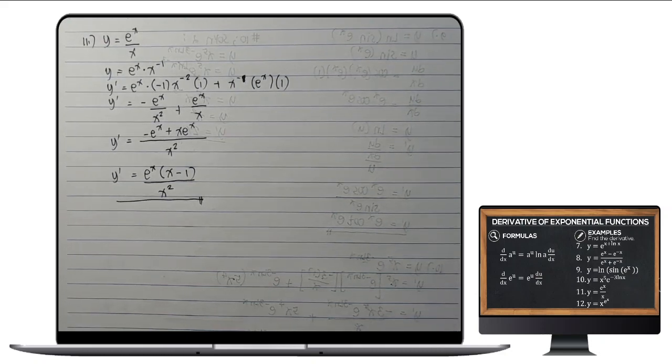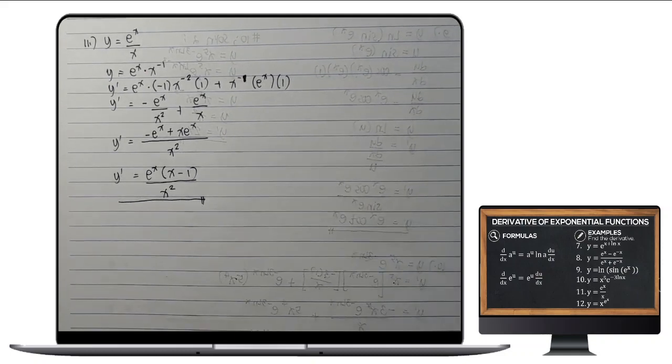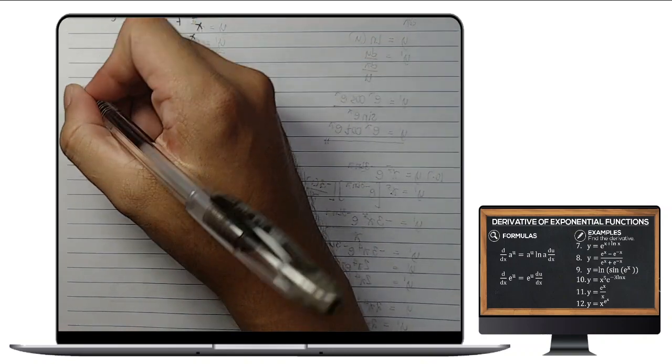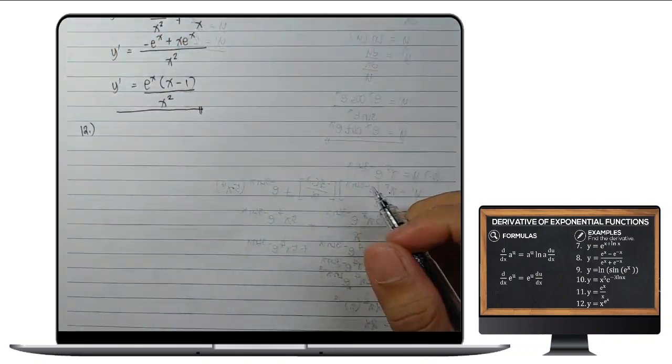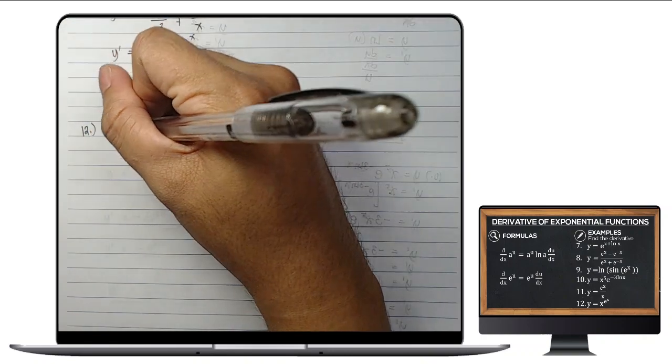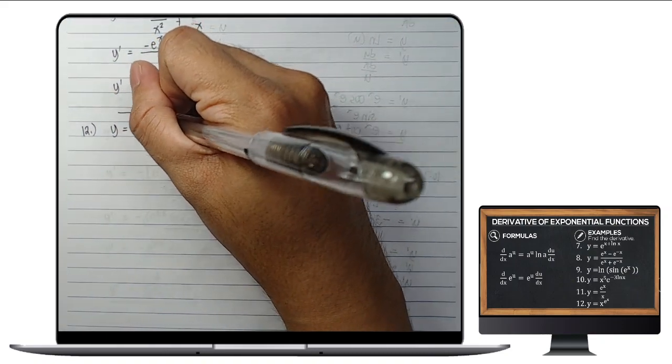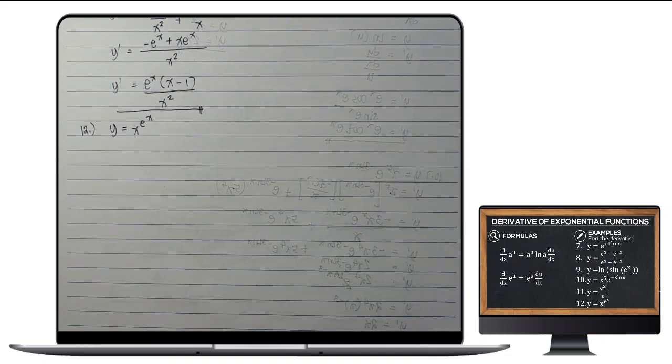Okay, so let's have our last problem, problem number 12. For problem number 12, we have y is equal to x raised to e raised to x.